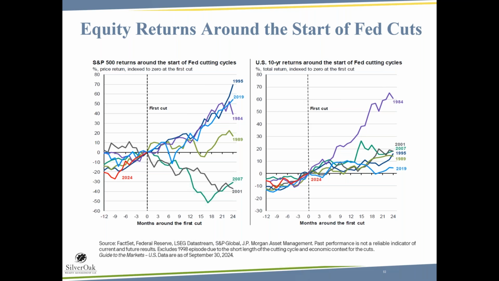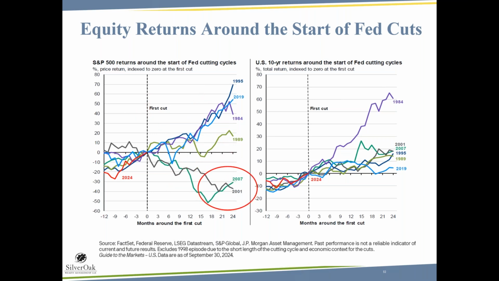And what we're showing here is equity returns as the Fed starts their rate cutting cycle. And of course, we're now at the beginning of that process. So what do we typically see, Jonathan? Yeah, so the red is 2024, kind of on the left.